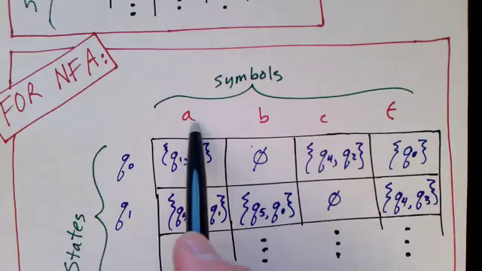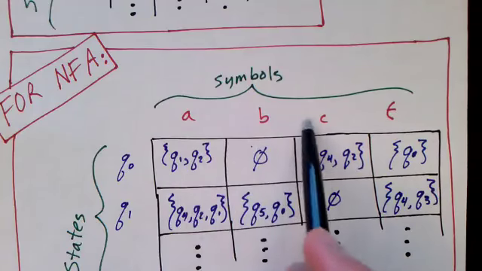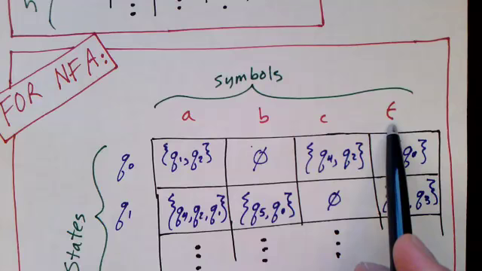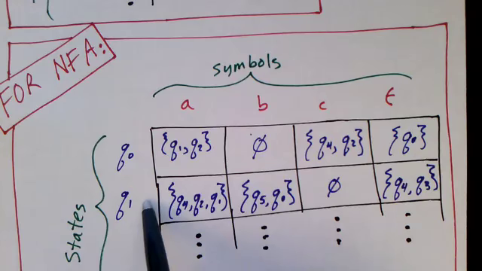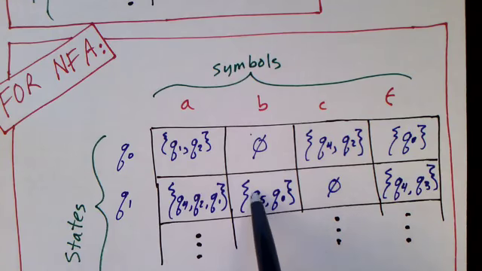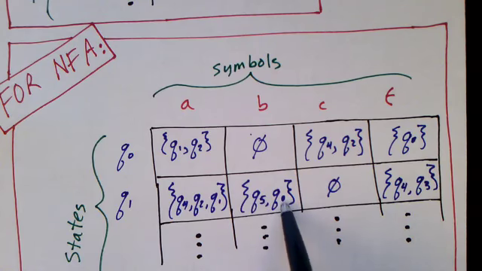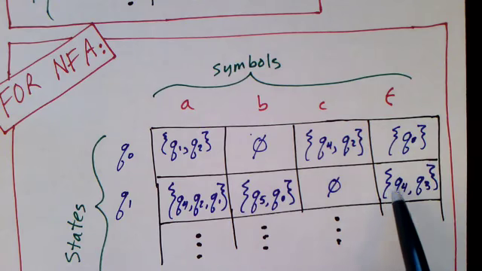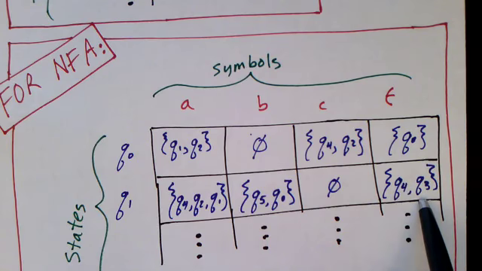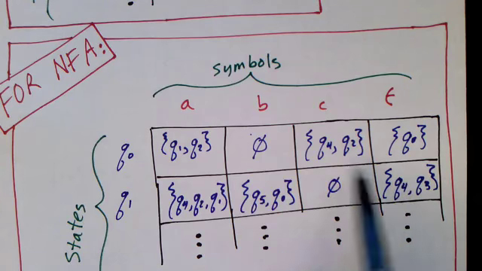Now, with our non-determinism, we've got two changes. First of all, in addition to the symbols from the alphabet, we have epsilon. So if we're in state, for example, Q1, and we see, for example, a B, we go to either Q5 or Q0. And if we choose to take an epsilon transition, we can go immediately to state Q4 or Q3 without scanning any input symbols.